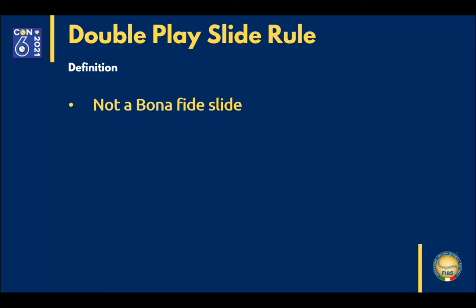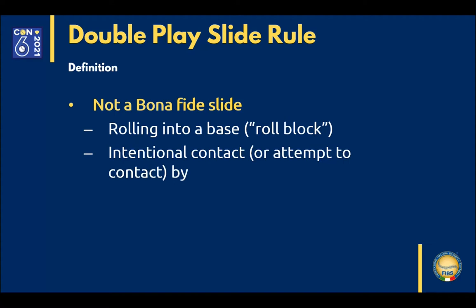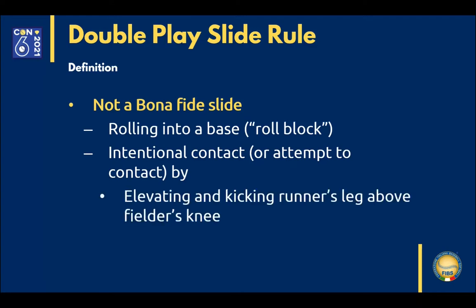It's not a bona fide slide when you're rolling as a runner into a base, what we call a roll block. That is not a bona fide slide. Or when you seek intentional contact or attempt to contact by elevating or kicking your runner's leg above the fielder's knee, or by throwing your arms or upper body. Those actions do not constitute a bona fide slide.